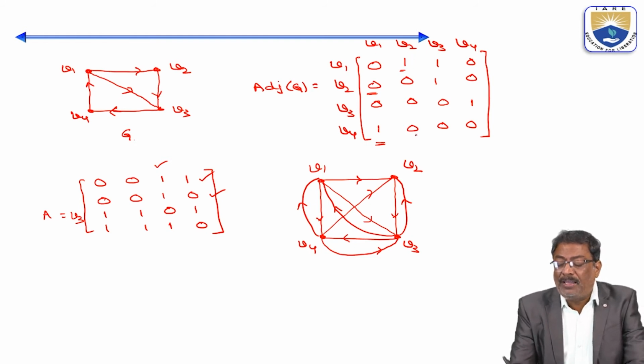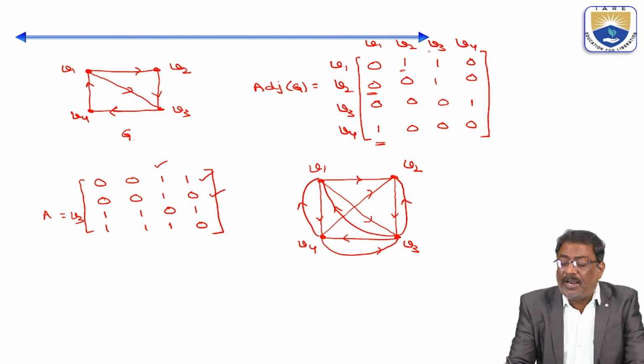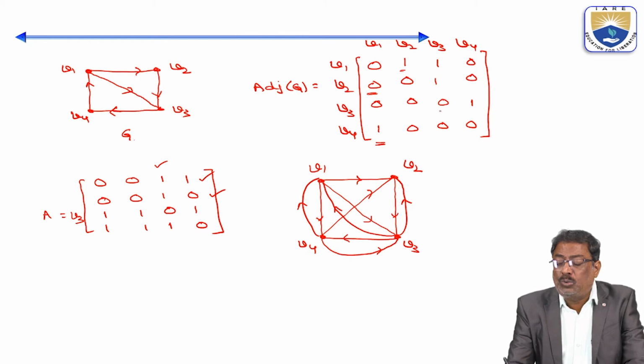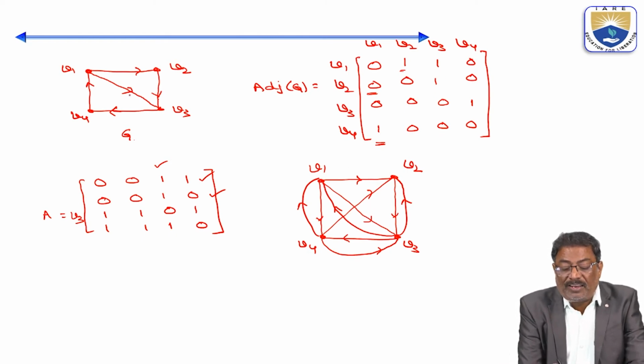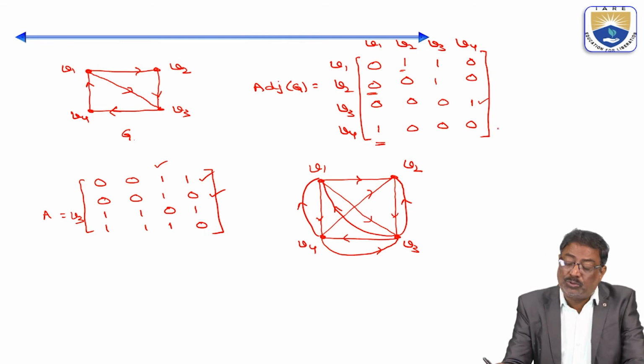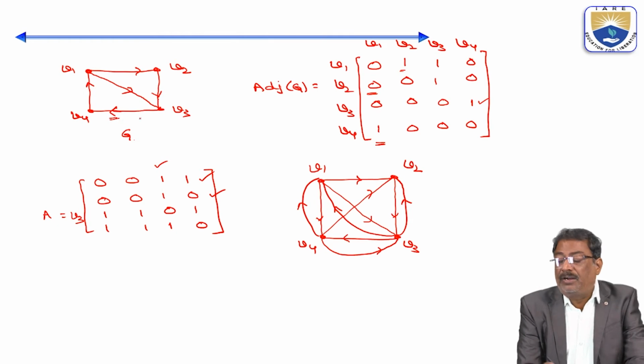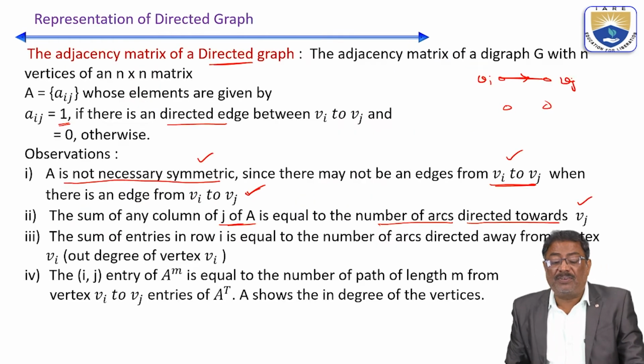Similarly, one directed edge moves towards V2. Here there are two directed edges moving to V3, and only one directed edge moves towards V4. So that is the observation.